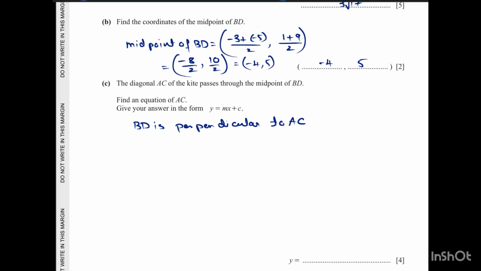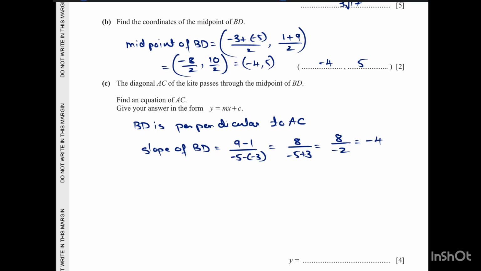You find out first. Slope of BD is equal to y2 minus y1, 9 minus 1, by x2 minus x1, -5 minus of -3. So 9 minus 1 is 8 and -5 plus 3 is -2, so 8 by -2, that is -4.